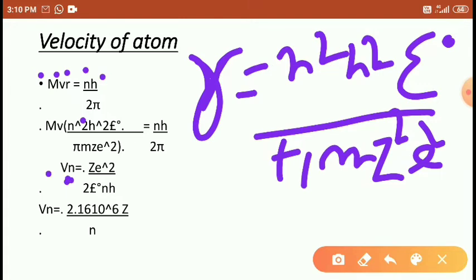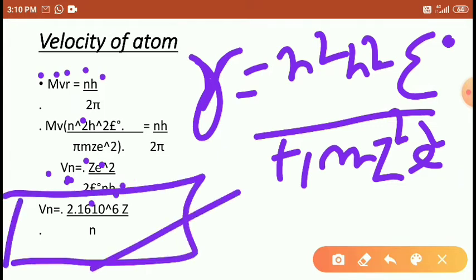Then again rearranging, Z square by 2 epsilon naught n h. Here Z is the atomic number. When you substitute the mass of electron, the epsilon naught value and the Planck constant value, you get the velocity as 2.16 into 10 to the power of 6. So this is the velocity of electron.